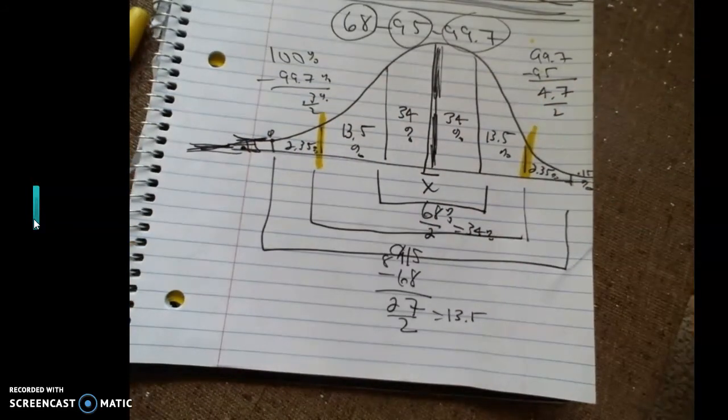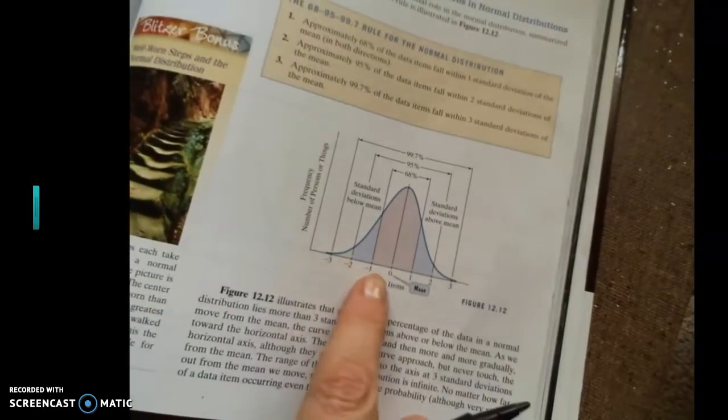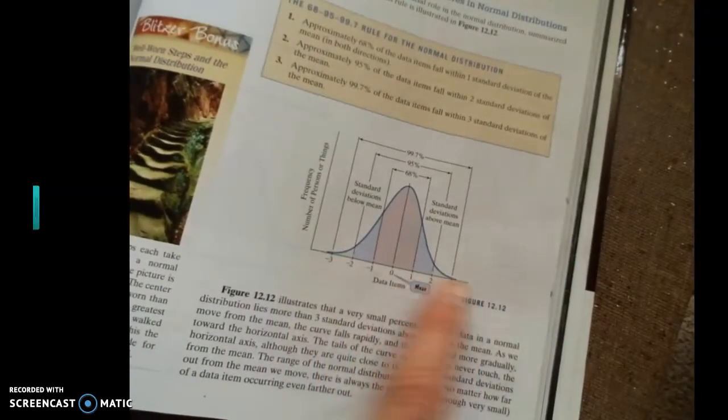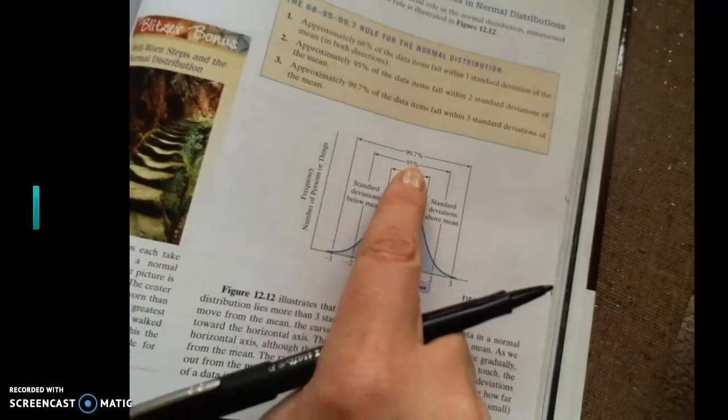Okay, so what we just did, I can show you a better picture from the book. Here's a better drawing. They just didn't put the percents in, but they did 1 standard deviation, 2, 3, -1, -2, and then they did the 68, 95, and that.